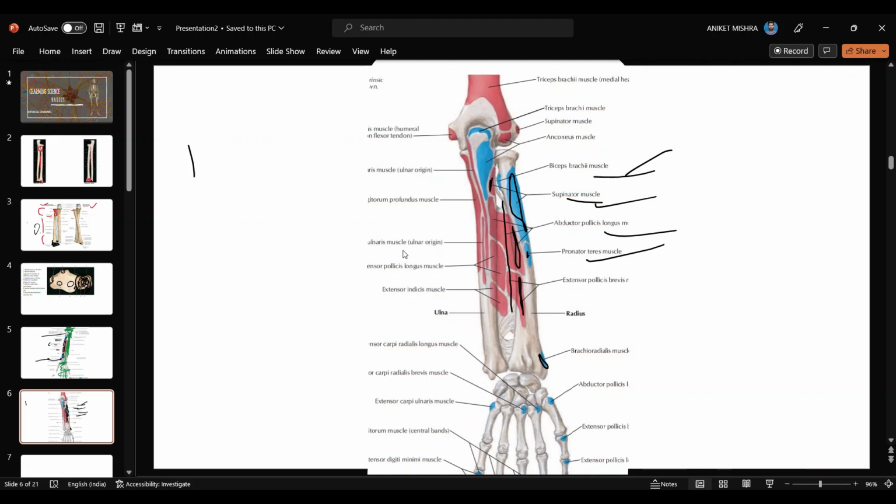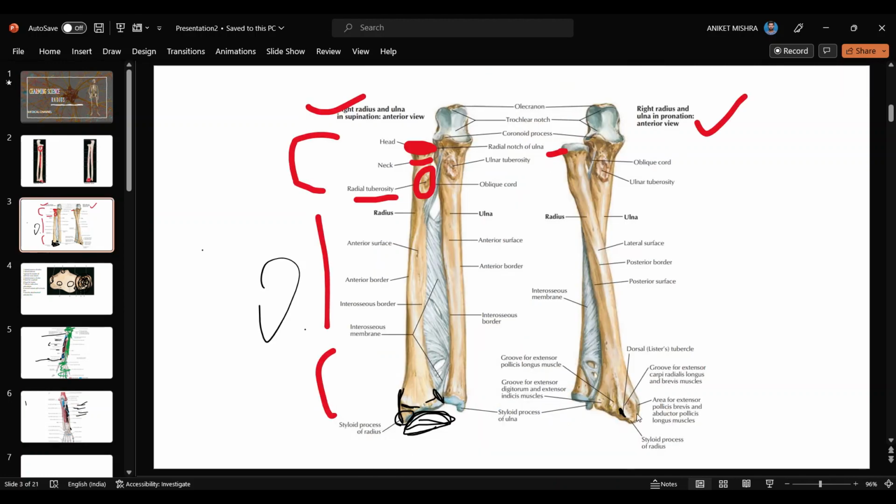And when we talk about the grooves that are present here, the first groove, between the crest, the lowest part of the anterior border, and the styloid process, gives passage to the abductor pollicis longus and the extensor pollicis brevis muscles.